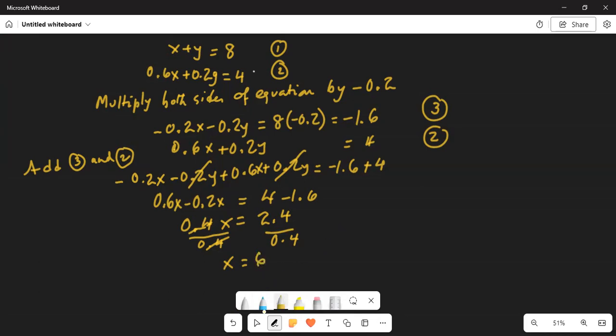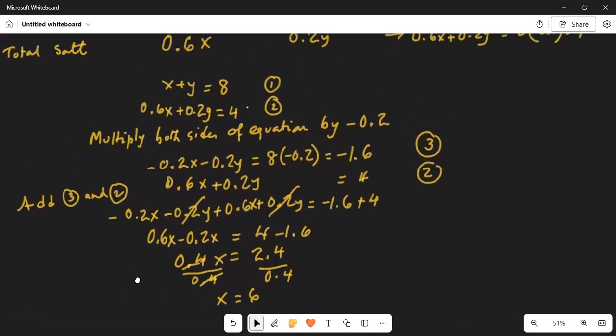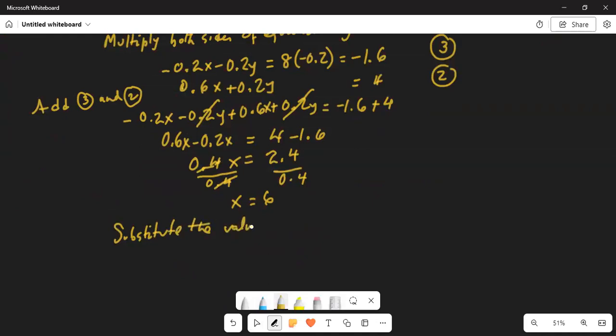So now we will substitute the value of X in equation 1, which is X plus Y equal to 8.